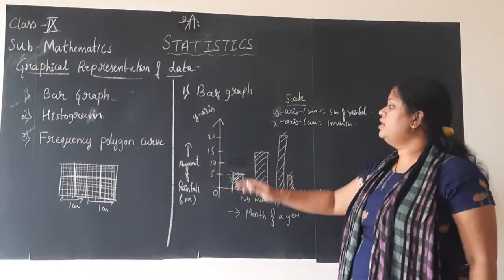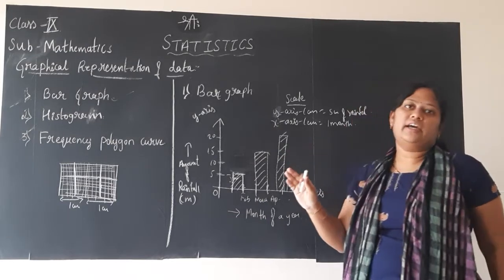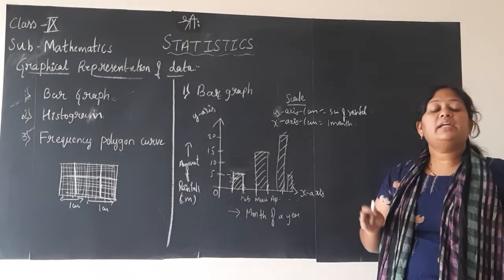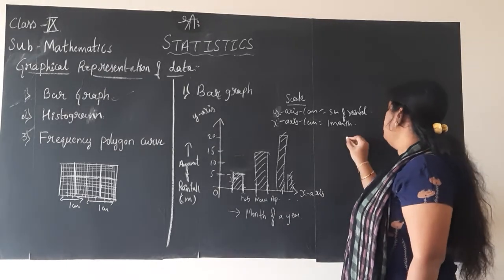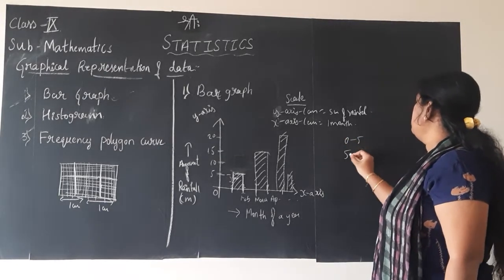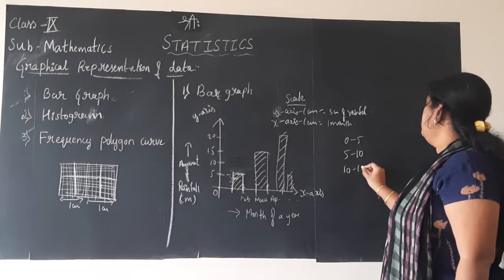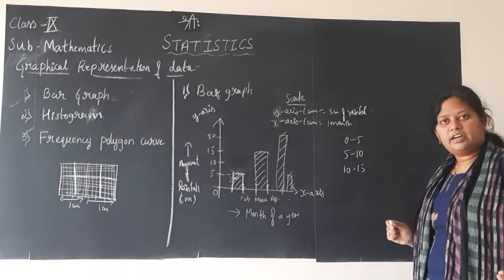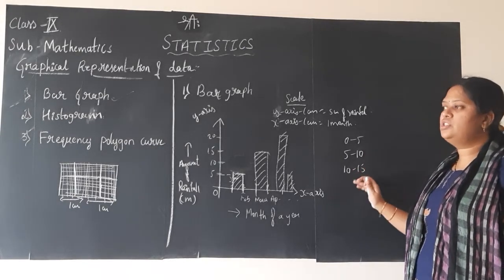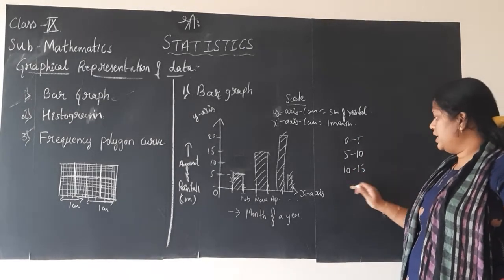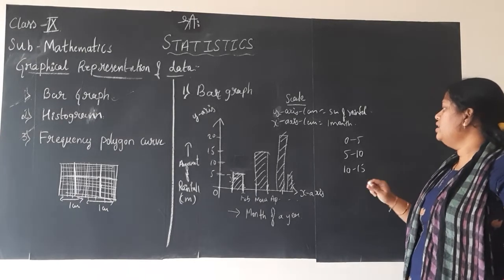Histogram is again a representation of data in the form of bars, but it is for continuous class intervals. Andre, you know now what a class interval is: 0 to 5, 5 to 10, 10 to 15, like this the given data will be. If they ask you to draw the histogram for this data, we need a continuous distribution.